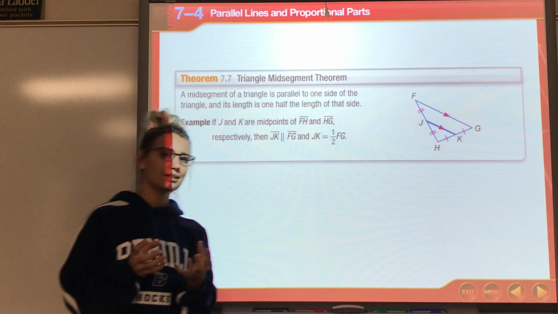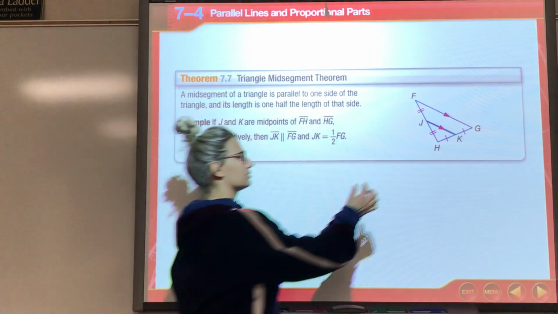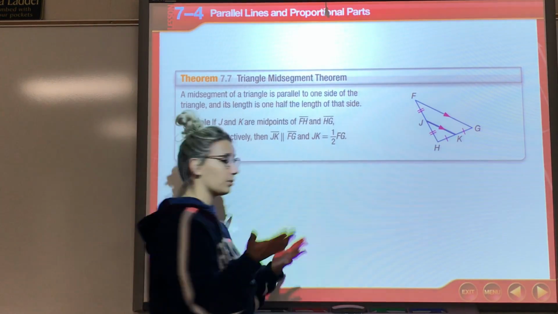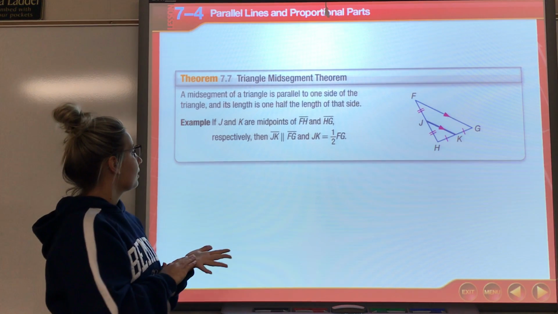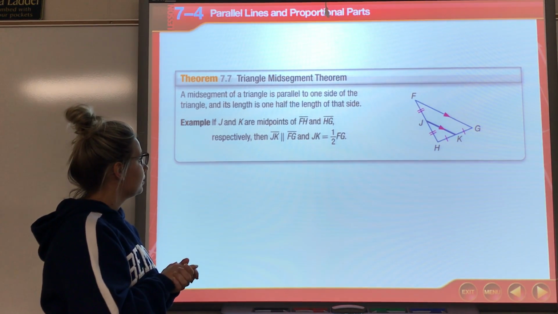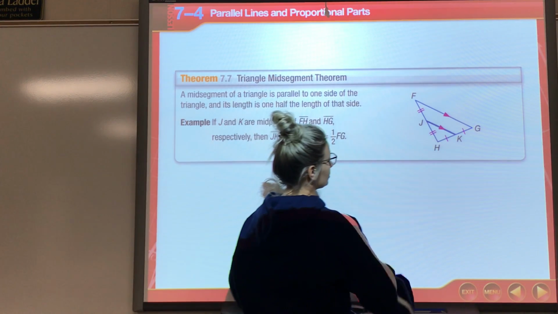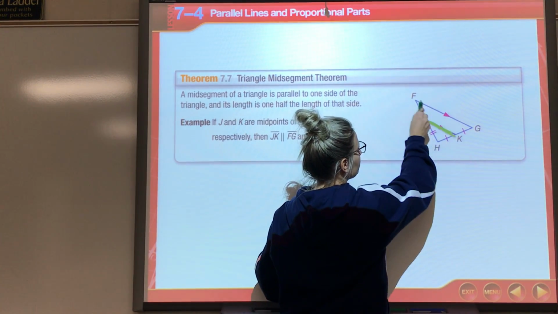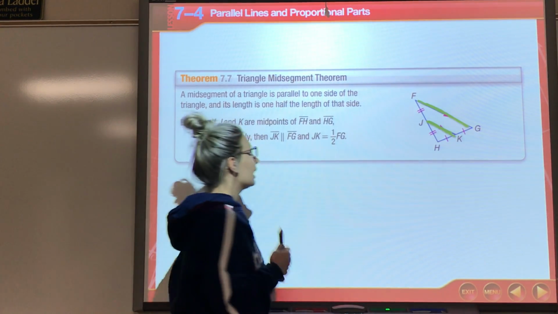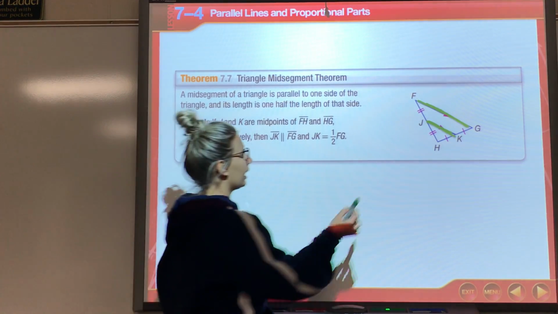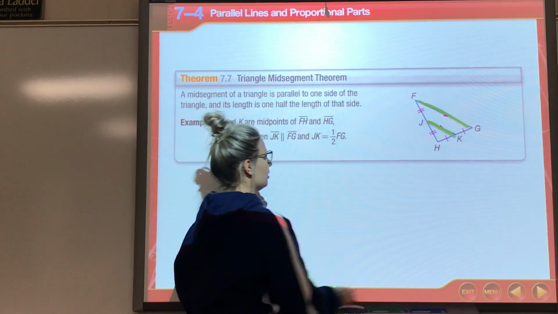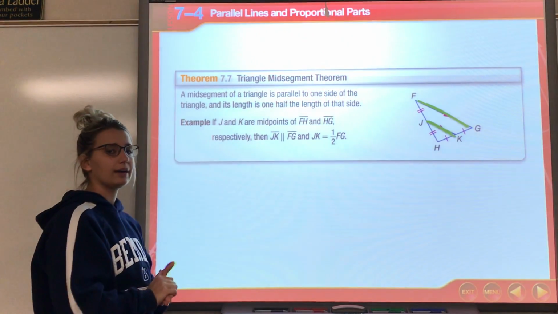So they're not all congruent, they're just congruent to each other on this side, so we have the midpoints. Then JK is parallel to FG, and JK is 1/2 of FG. So we'll apply that.